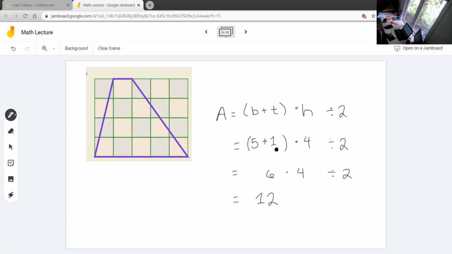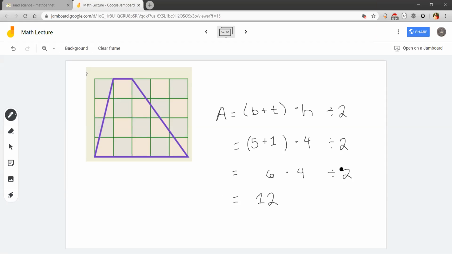I don't know. If you leave out the parentheses, you'd get 9 divided by 2, and that wouldn't be 7. Yeah, that's what I did. I did the order of operations wrong.